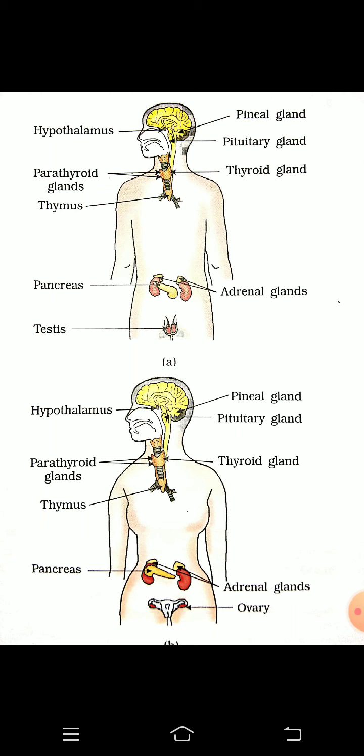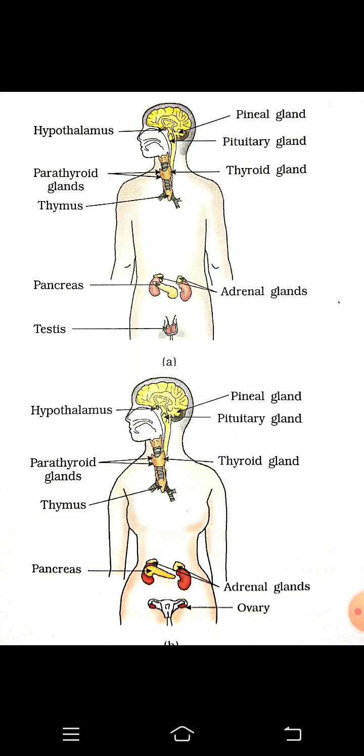There is a gland named pancreas. Pancreas releases a hormone called insulin, and the function of insulin is to regulate blood sugar level. So what happens if there is a deficiency of this insulin? Then it causes disease like diabetes.